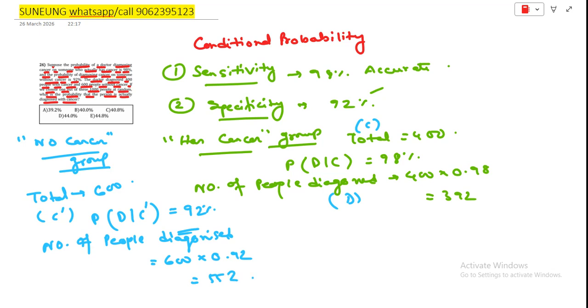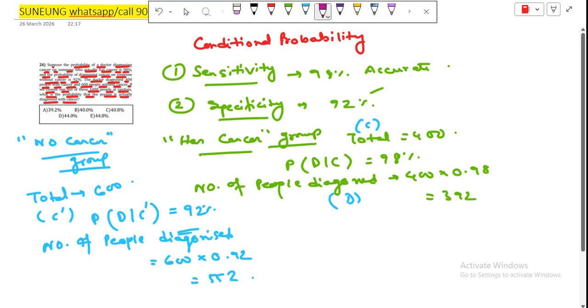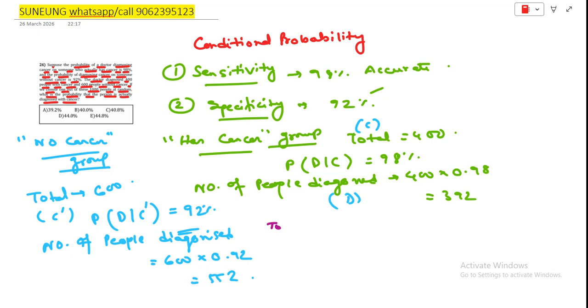Okay. Now the total diagnosed will be 392 plus 552, that is 944, right?